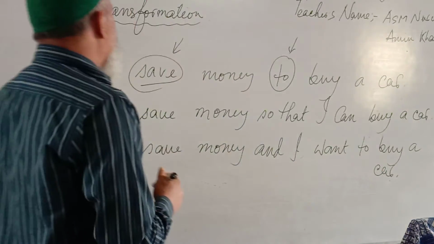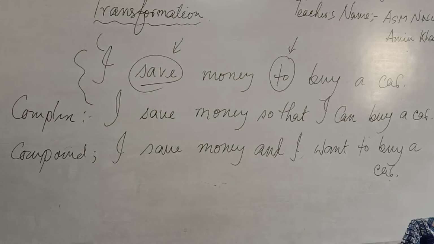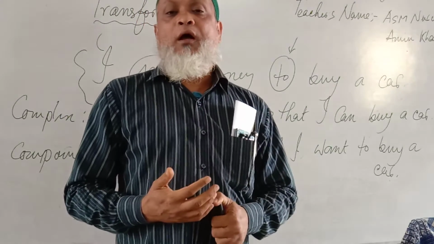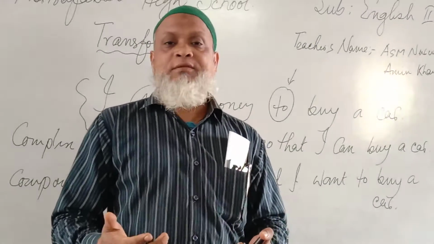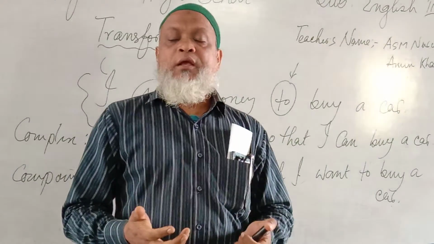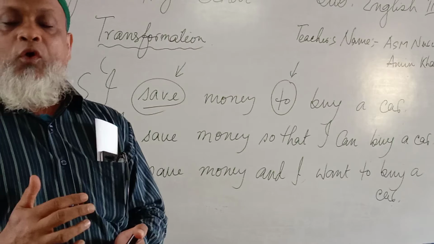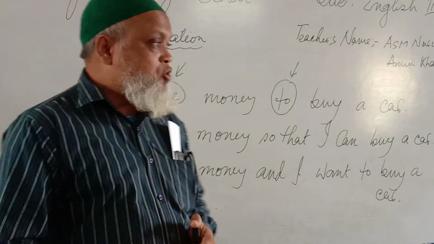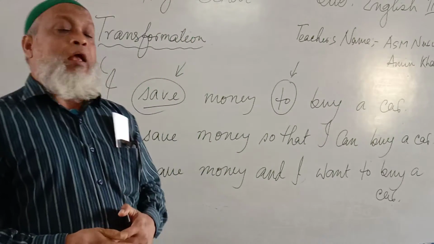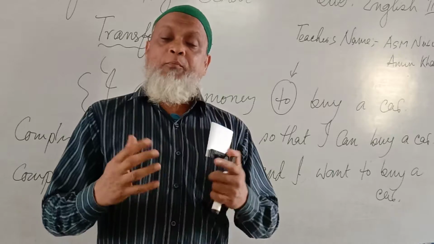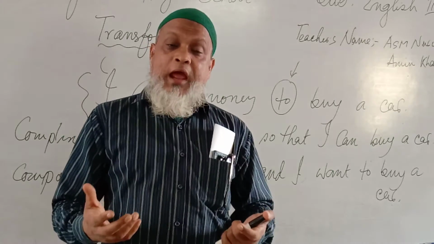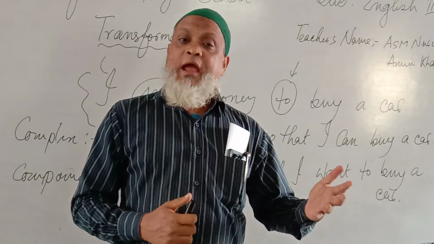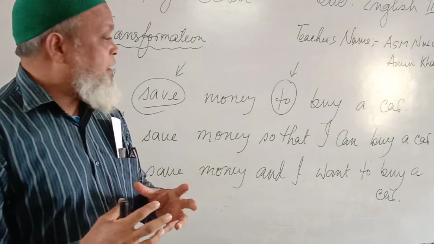So this is the circle. If we can remember how to change a simple sentence having to or in order to into complex, and how to change a complex sentence having so that into simple or compound. But and may be used in other types of sentences also, so it is not the fundamental thing here.